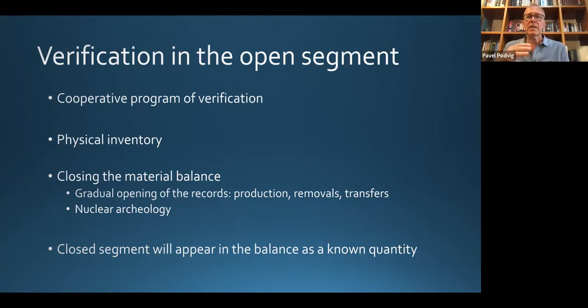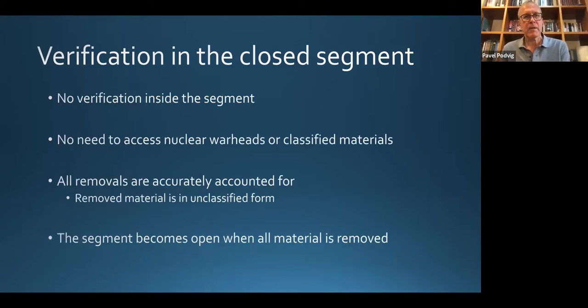The point is that when you are closing the material balance, the amount of material in the closed segment will appear there as a zero-move quantity. You don't have access to it, but you will see it in the balance books. That's one way of verifying that declaration.